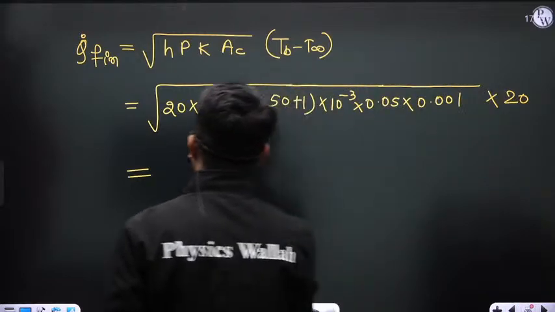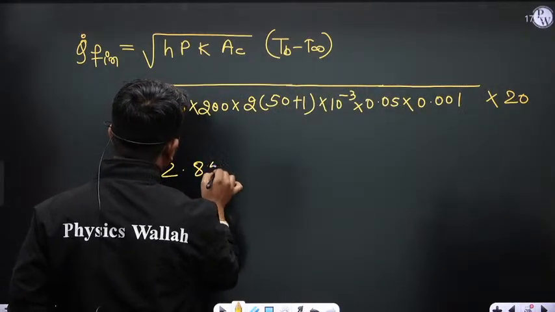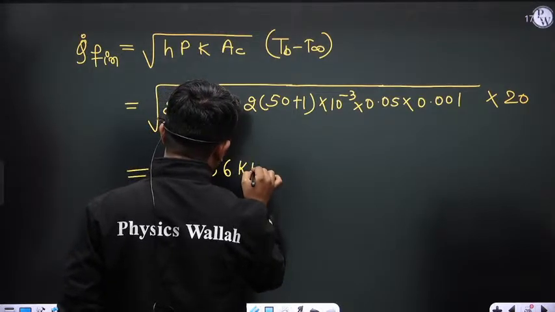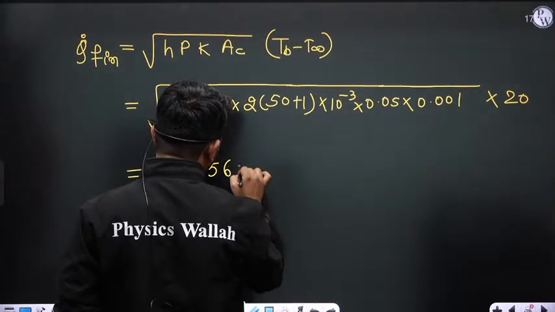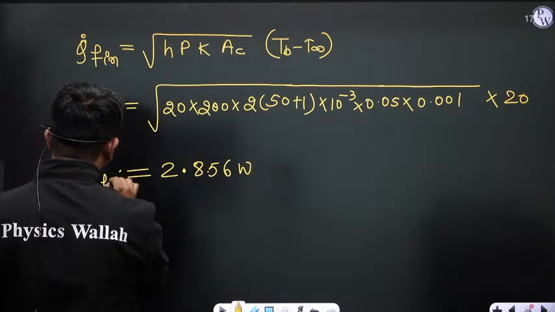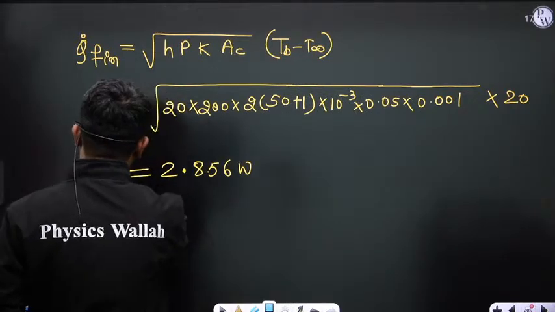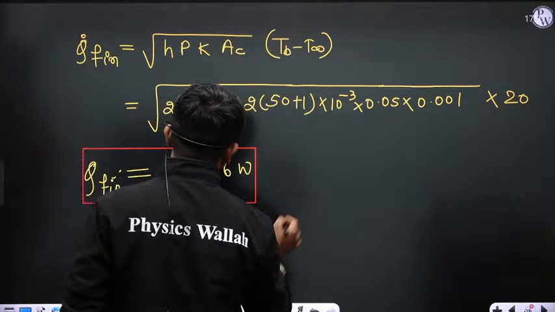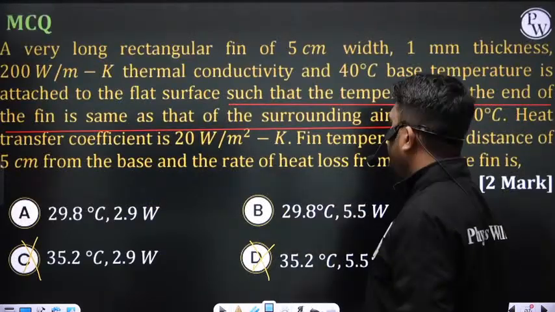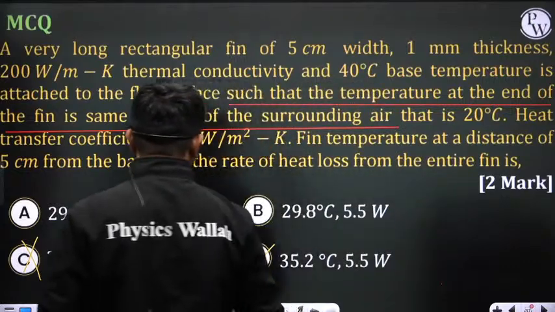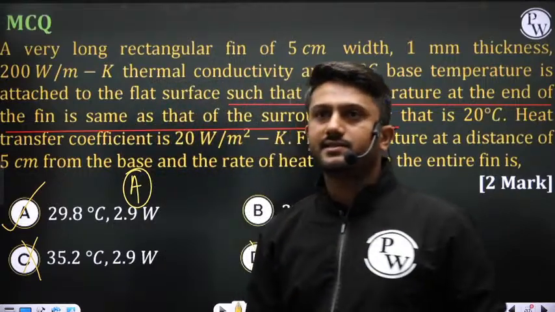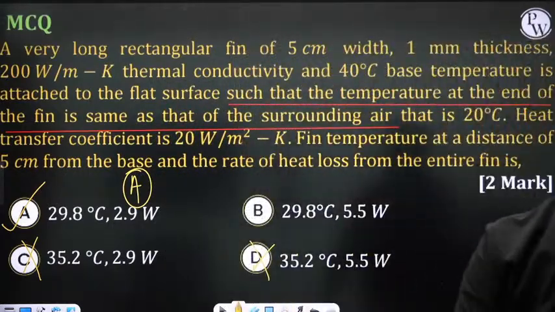It comes 2.856. Sorry, this is watt, not kilowatt. 2.856 watt. This is the rate of heat transfer through the fin, 2.856, that means 2.9. So what is the correct answer? The correct answer is A.